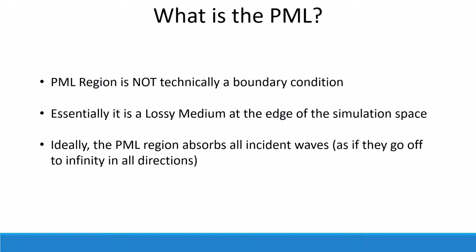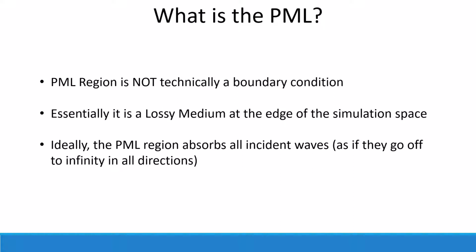Essentially, it is just a lossy medium at the edge of the simulation space. So the PML region ideally will absorb all incident waves and allow the simulation to behave as if they go off to infinity. So in a perfect continuous world, the PML would always do this perfectly. However, when we introduce discretization, there are imperfections that can arise.